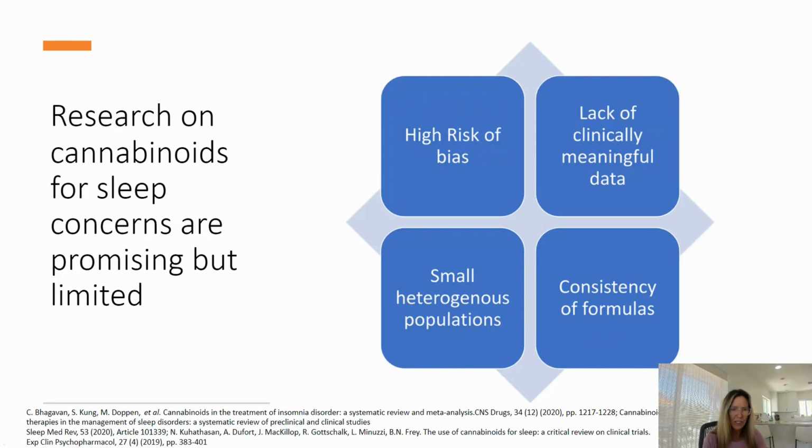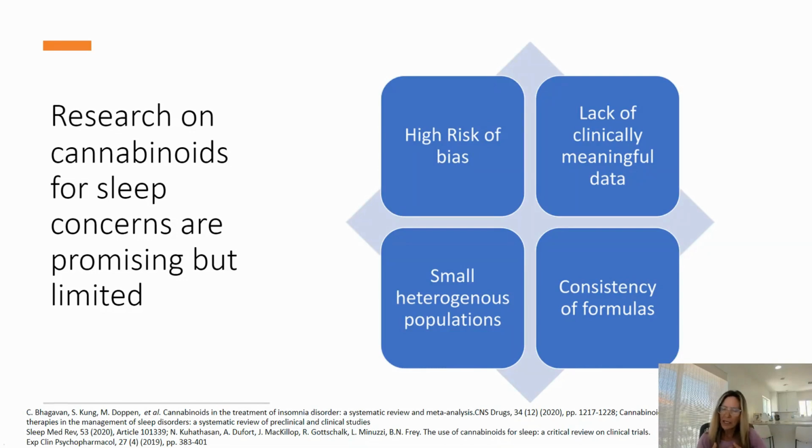I mean, is this really going to express itself in something that benefits the participants or the patients meaningfully? There's lots of bias in the studies. And the other thing that becomes hard when you look at the minimal studies that do exist is the formulas and the consistency, potency, purity, et cetera, of the formulas. And so these things have limited a lot of the conclusions that can be made.